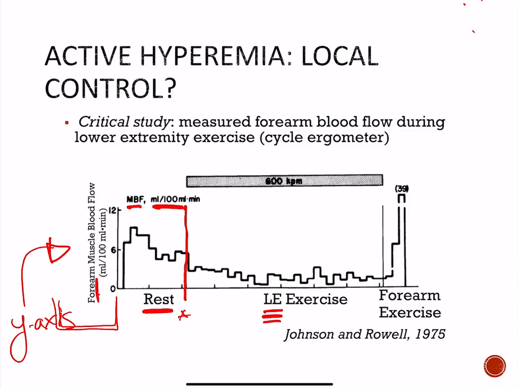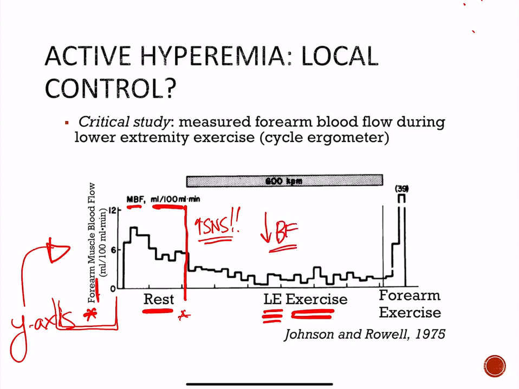So when they started the exercise, you should get a big hit of sympathetic nervous system, right? Get that body going, get the heart rate going, dilate the bronchi. But they continued to measure the blood flow in the arm. And what they found was that when you started exercising the lower extremity, resting muscle that was not involved in the activity had a decreased blood flow.